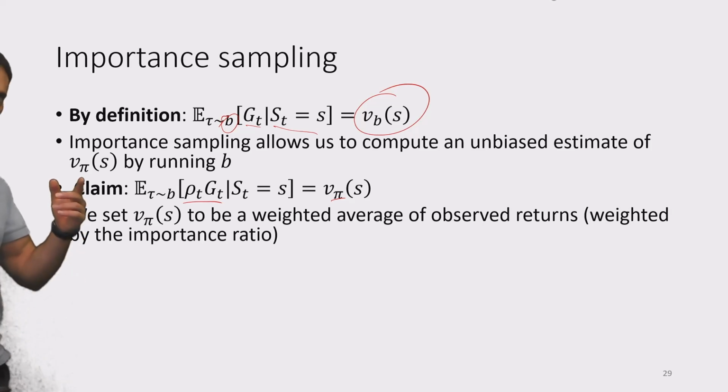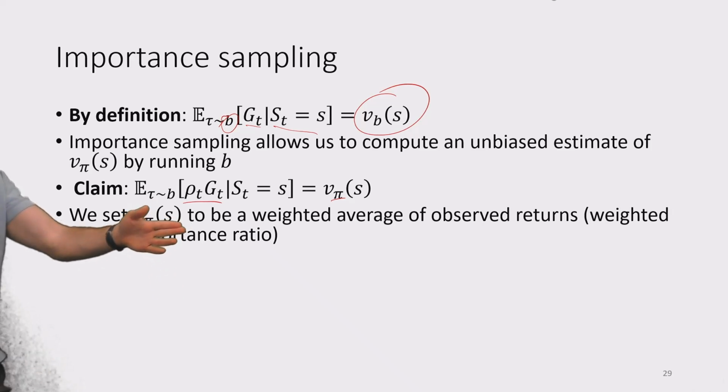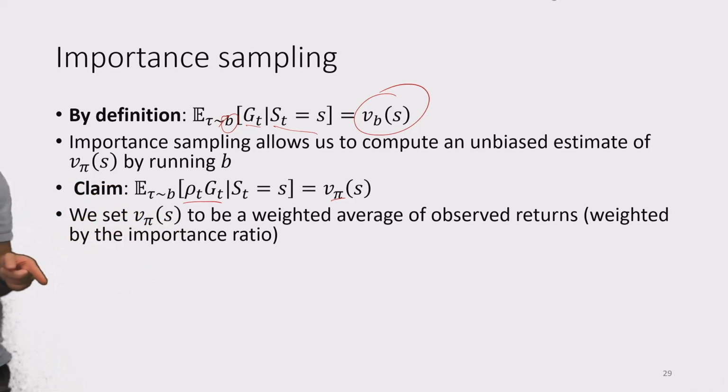I'll tell you, if you have the returns G from the behavioral policy, that's fine. If you multiply each one of these by the importance sampling ratio for that specific trajectory, you'll be fine. You have an unbiased estimation of V pi s, even though you didn't follow pi.